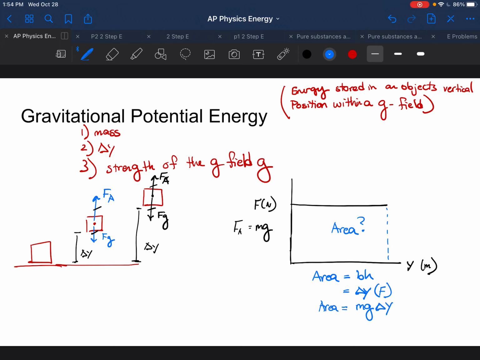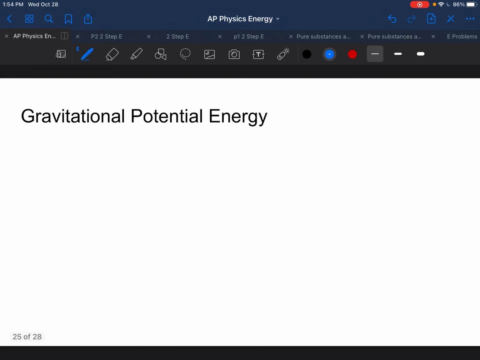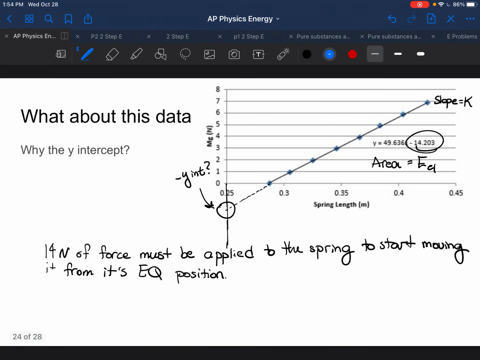Now, very much like on our spring potential graph, where we had force versus spring length, we had a slope showing the k value, or how stiff or how stretchy that spring is, and that is our spring constant, and the area underneath was the elastic energy.